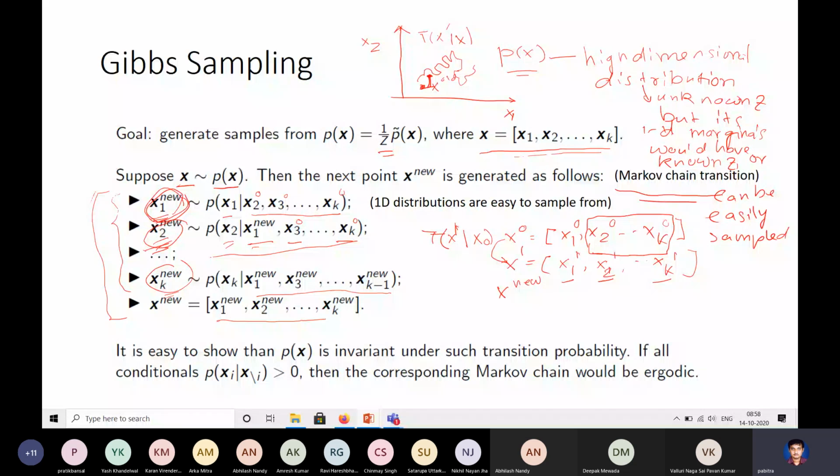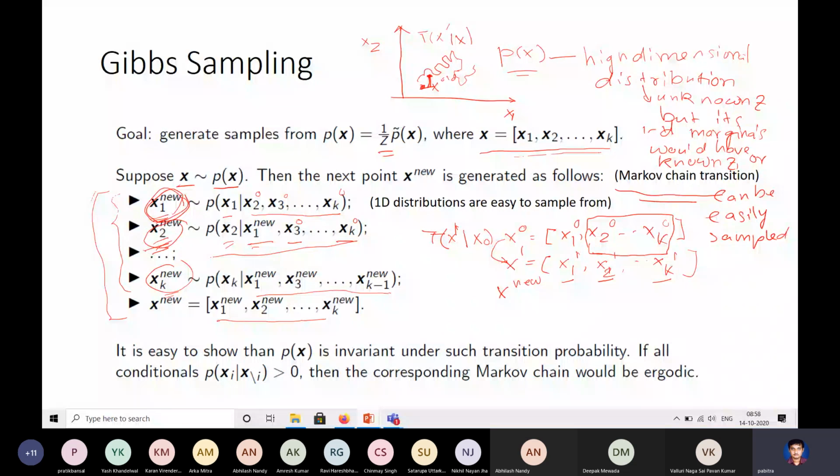Often it may be the case that for some of these parameters I know the values, maybe from side knowledge. So I can drop those particular steps from these sub-steps. So instead of x1 new, x2 new, for the particular xi and xj which I already know, I need not re-estimate them.